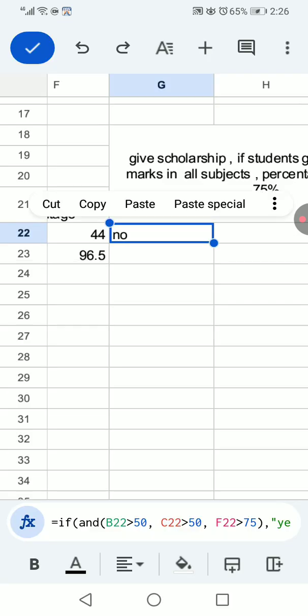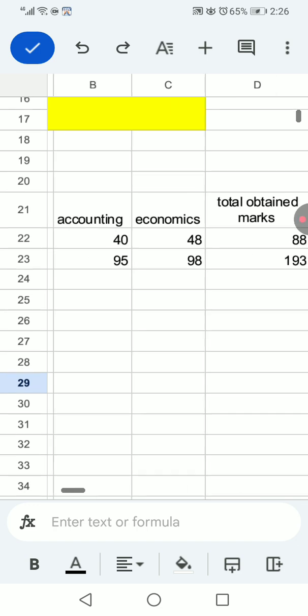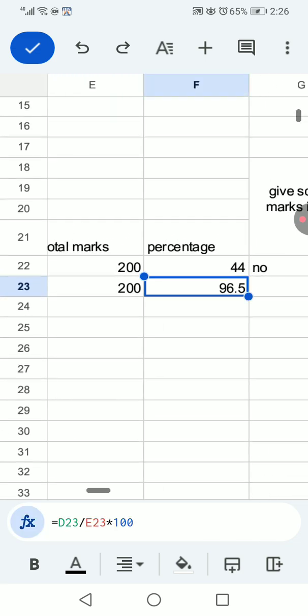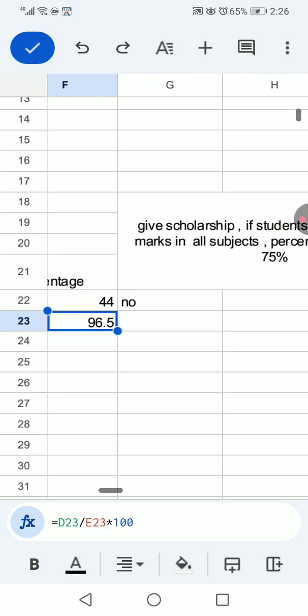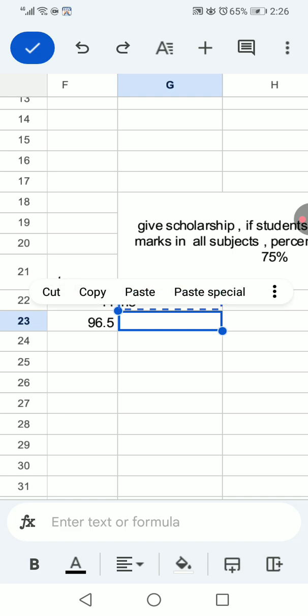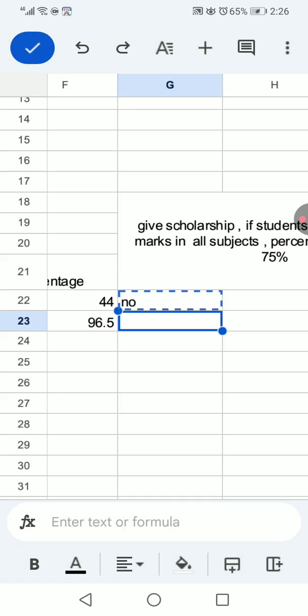Now copy this, and first we will understand whether the second student will get yes or no. In each subject, the second student has got more than 50 marks and his percentage is also more than 75, so the answer should be yes. Here I'm going to copy and paste over here, and the answer is yes.